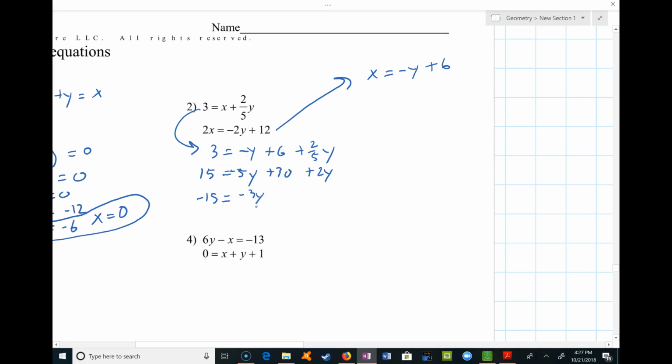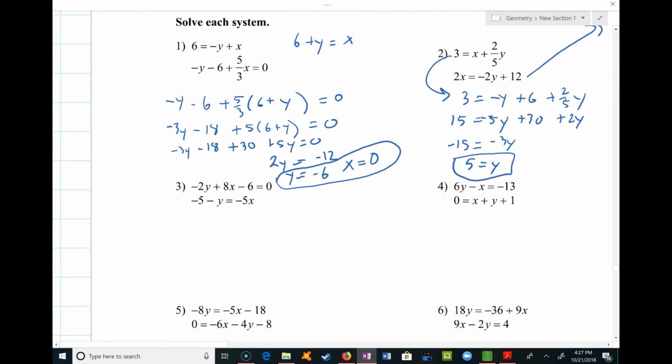So then I divide both sides by negative 3, and I get 5 is equal to y. And then I run up here again, and therefore x has got to be equal to negative 5 plus 6, which would mean x is equal to 1. So that would be my two answers.